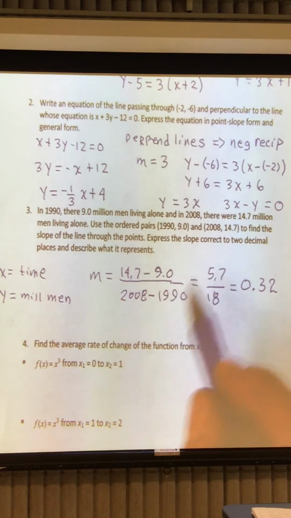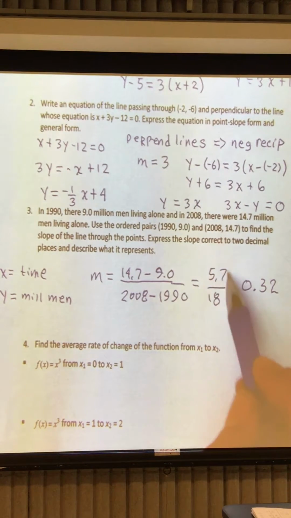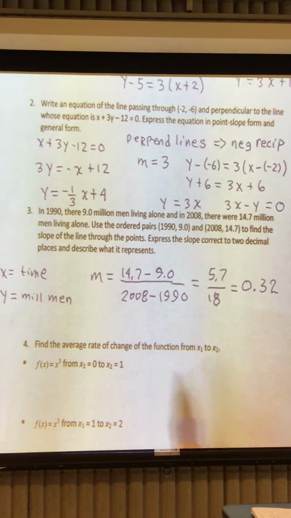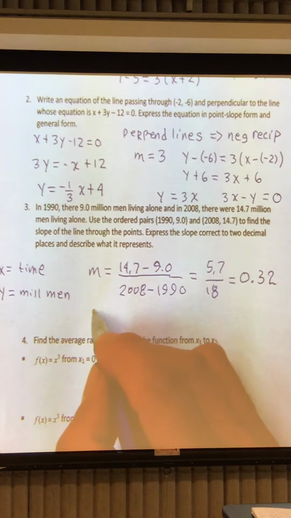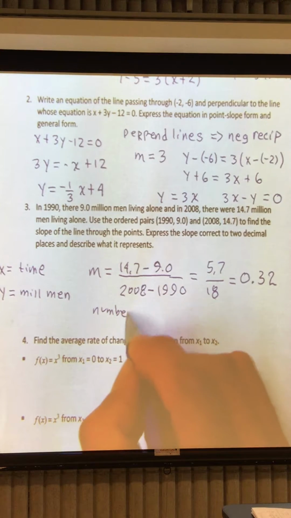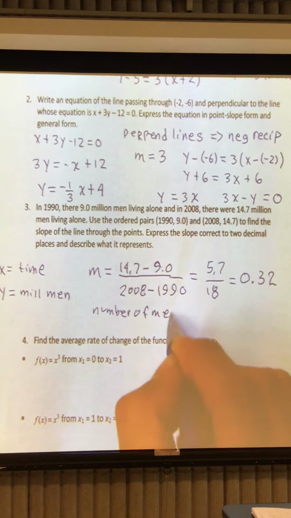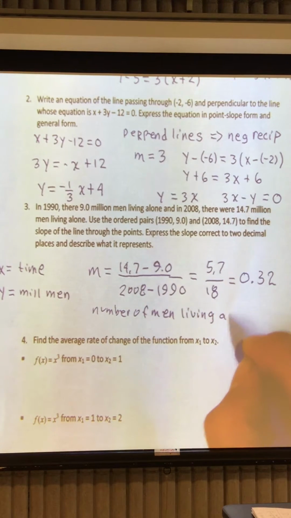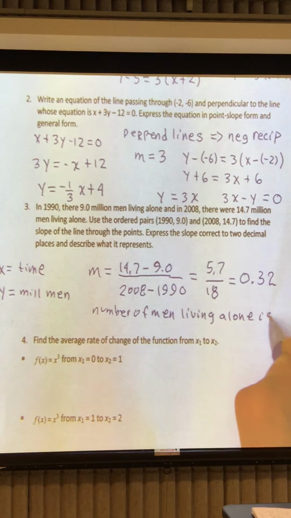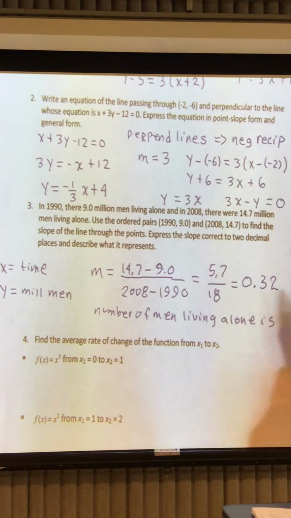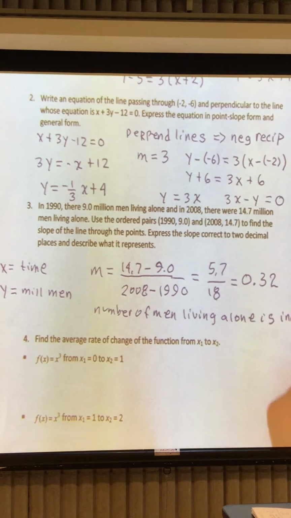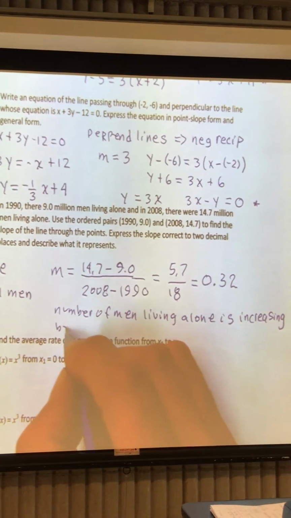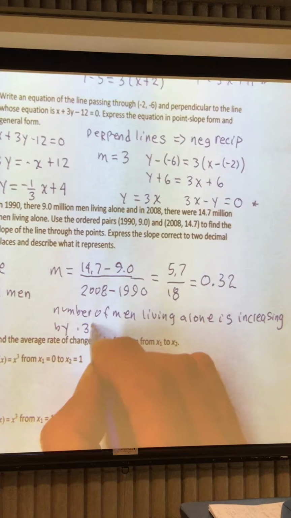So since the slope indicates the change in millions of men living alone divided by the time in years, then this means that the number of men living alone is, well, it's increasing because our slope is positive, and it's increasing by 0.32.